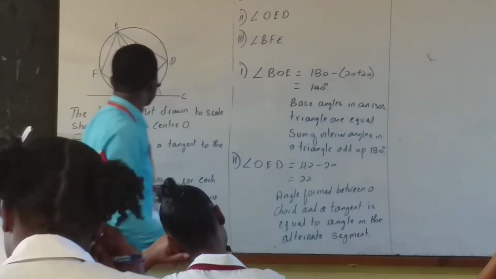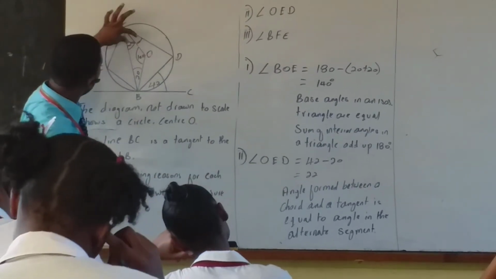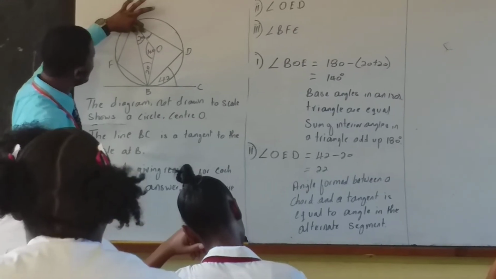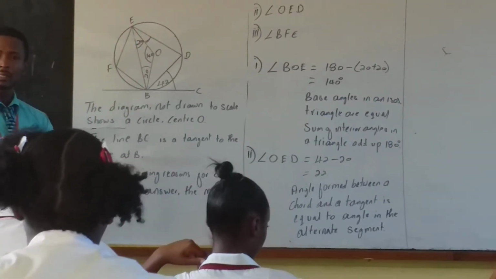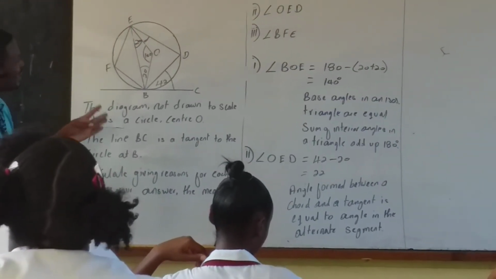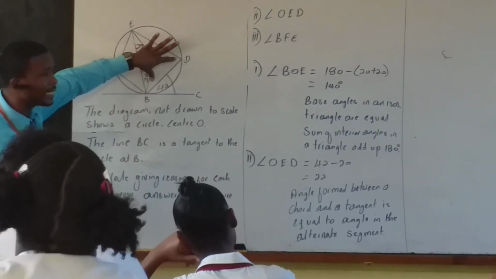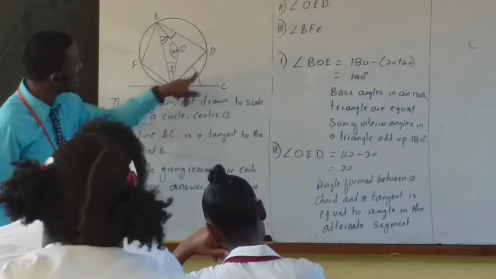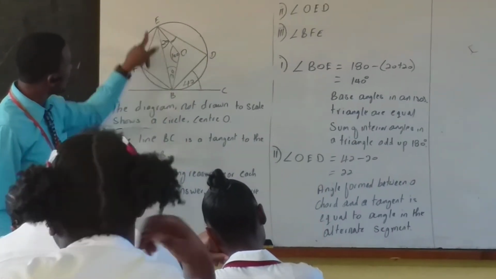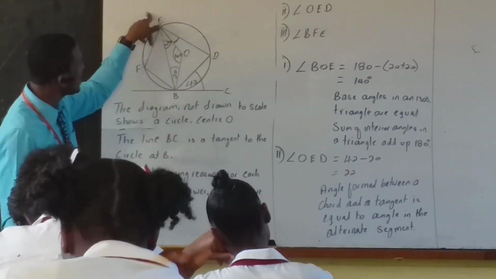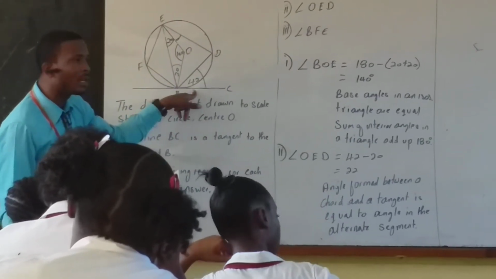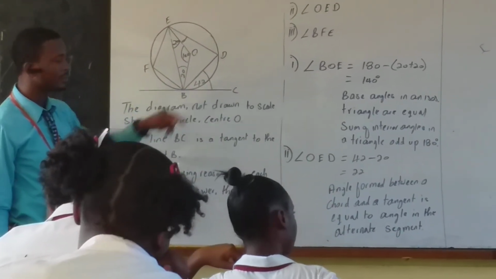So we must realize that this angle is 42, this entire angle must also be 42 because it's in the alternate segment. And remember, the angle in the alternate segment will always stand on the chord, so it will be on the chord BD. It stands on the chord that forms the angle with the tangent.